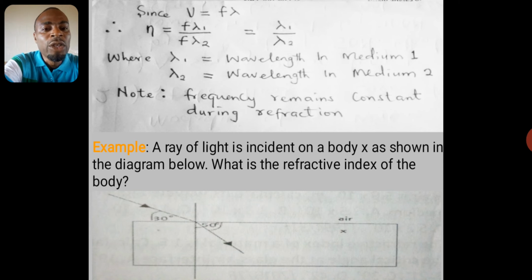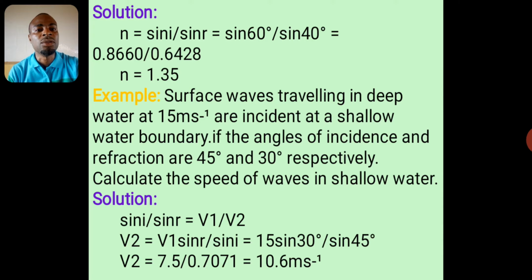So we are going to use 60 for our angle of incidence and 40 for our angle of refraction, because angle of refraction is the angle between the refracted ray and the normal. Please take note of that. It's just a little distraction to know whether you actually know what you're supposed to do. Let's look at the solution to that question.